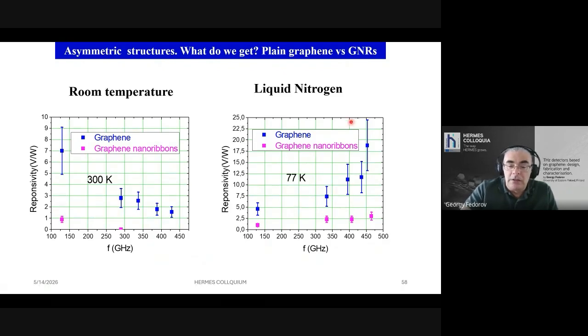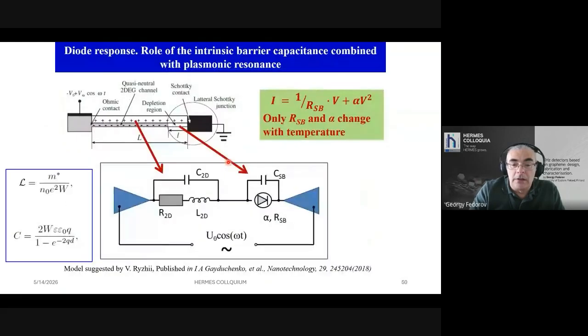But surprisingly, as you cool it down to liquid nitrogen temperature, which is not very low, it's actually high, still higher than the light quanta energy for this frequency range, you see the trend changing to the opposite. As you increase frequency, the responsivity increases. And it turned out that the only way to explain it is to introduce plasmonic response into the system.